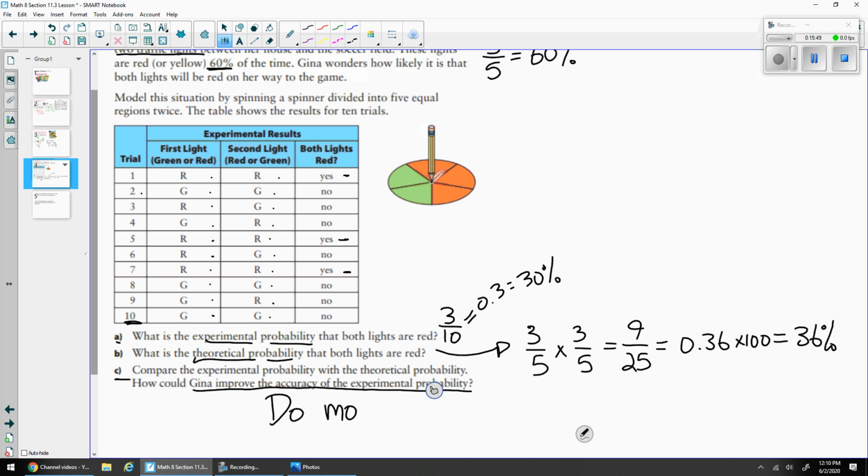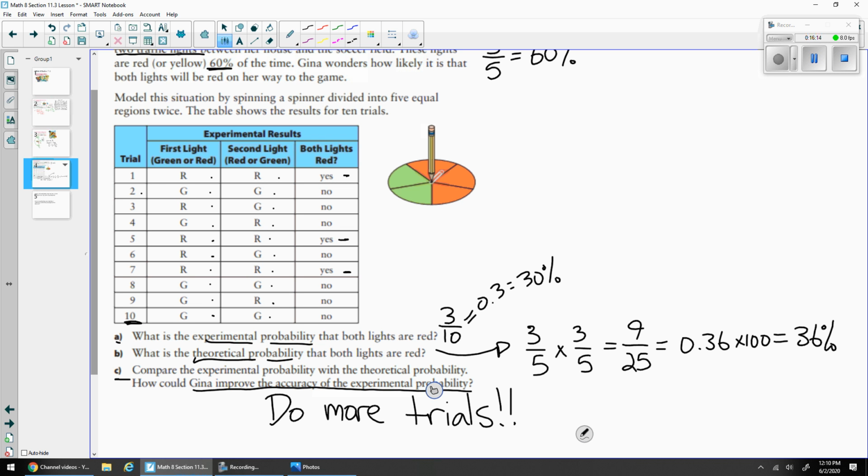Okay, so if you flip a coin twice, for example, you could get 2 heads. That doesn't mean that there's a 100% chance that you get heads when you flip a coin. Now, you could flip a coin 3 times and get heads every time. But the more times you flip a coin, the more likely it is you're going to be getting some of each.